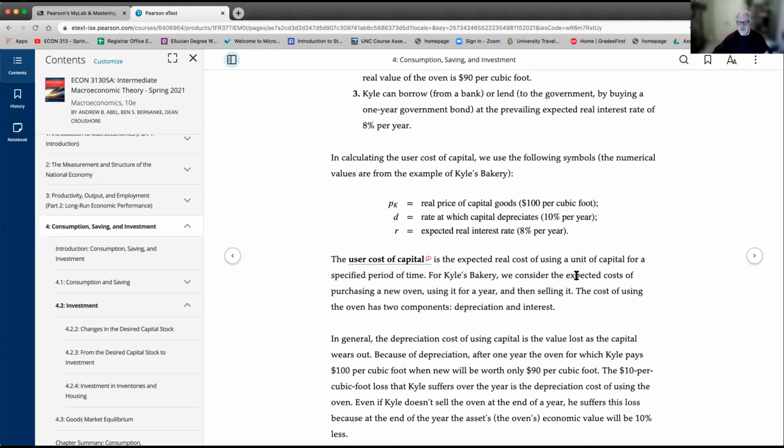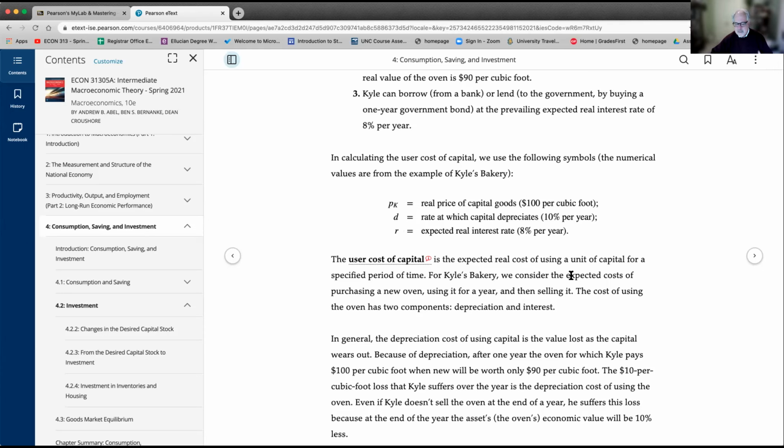What you care about is not the absolute cost of that piece of machinery, that oven, that industrial robot, but rather how much it costs to use it each year. And then how much extra output can you get from using that capital over that period of time?